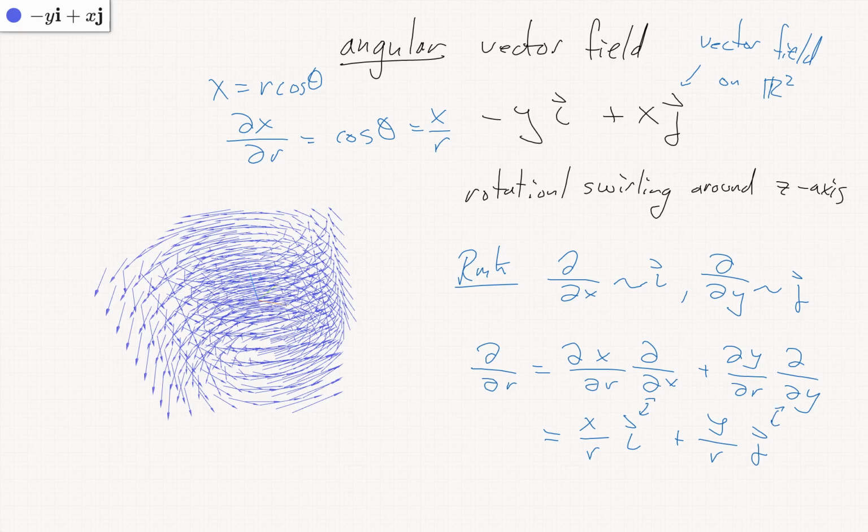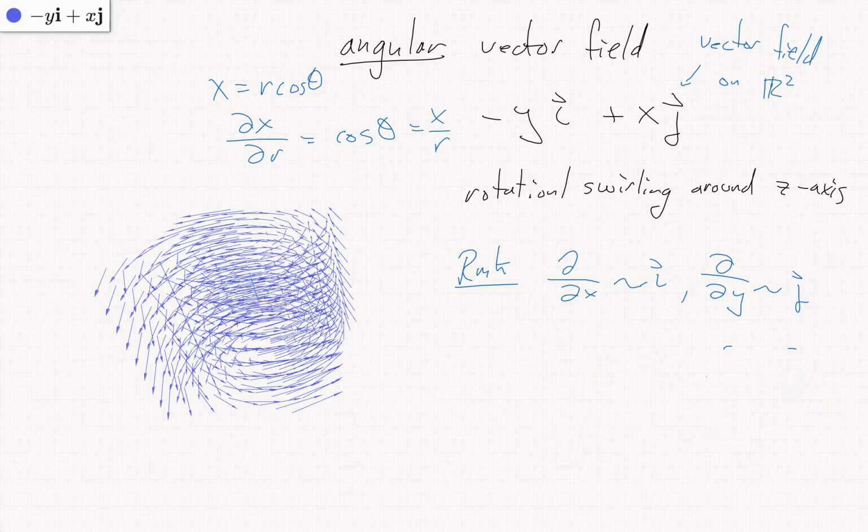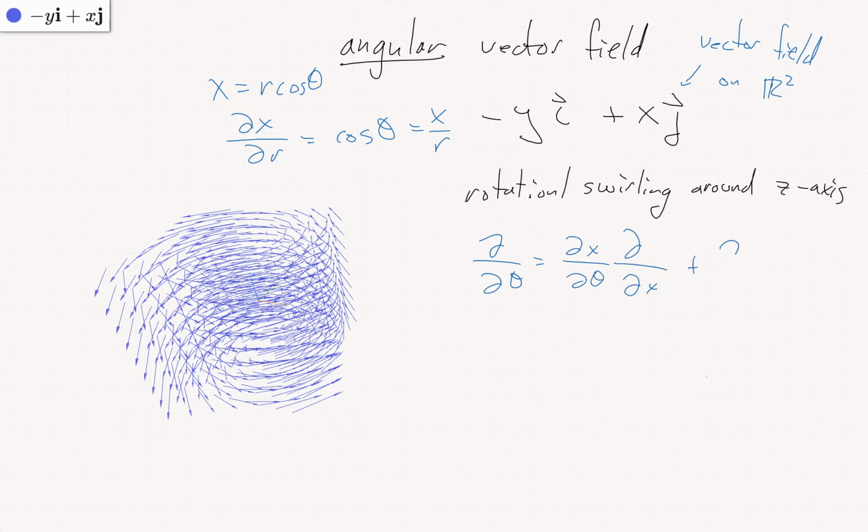And then for this angular vector field, we would similarly have del by del theta is del x by del theta, del by del x plus del y by del theta, del by del y.